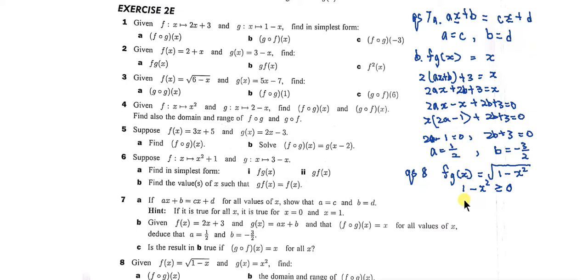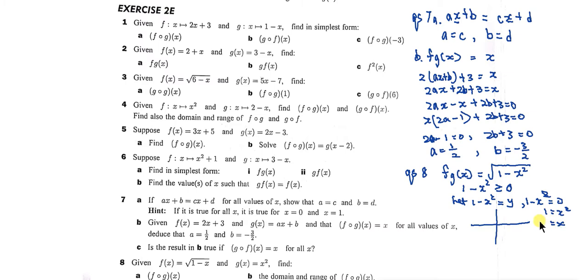First of all, let 1 minus x squared equal to y. You can sketch this. When y equal to 0, 1 equal to x squared.